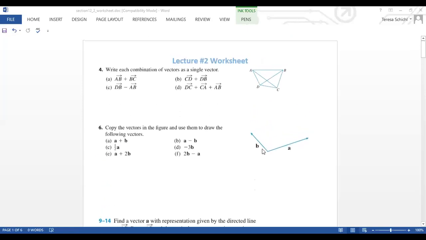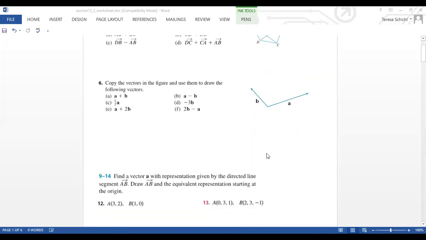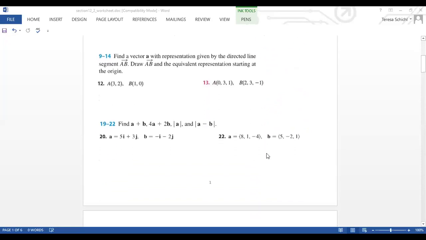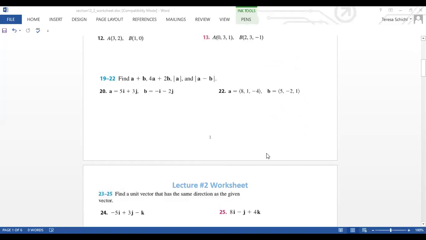On the first page, we find additions, subtractions, and those things about vectors. I'm pretty confident you should know how to do it, especially if you watched the lecture 2 videos, where we did several examples.